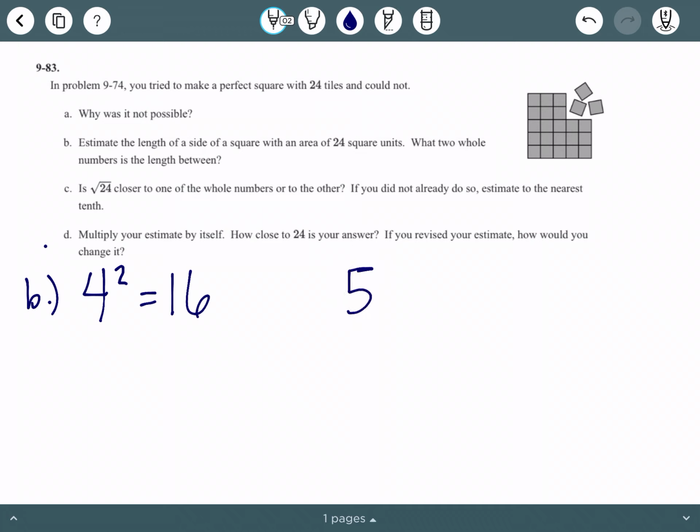So let's imagine that we have a square that is a 5 by 5, or 5 squared. That gives us 25. So we know that it needs to be between these two numbers.